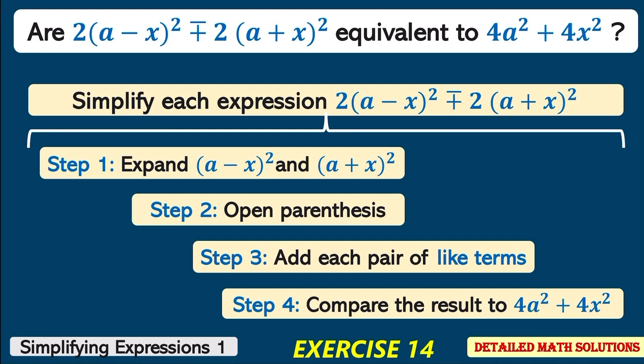And lastly, I need to compare the simplified expression with 4a squared plus 4x squared. If the simplified expression equals 4a squared plus 4x squared, then the first expression is equivalent to 4a squared plus 4x squared.